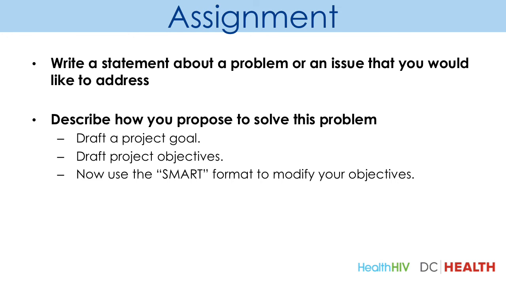Draft a project goal, and then also draft some project objectives. Include a few activities that you can use to accomplish these objectives. And then once you've described your objectives, take some time and use the SMART format to modify your objectives. I'll give you a few minutes to try and work on this. And then if we have time, if anyone is willing, we can share these with the group.